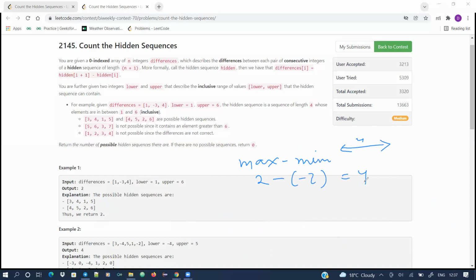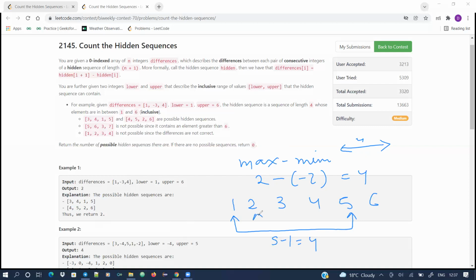Now it's the time to find how many such pairs are possible which will give us the same difference in the given range. We are given the range as 1 to 6. If we take 1, then 5 is the maximum which we are getting, because 5 minus 1 is 4.